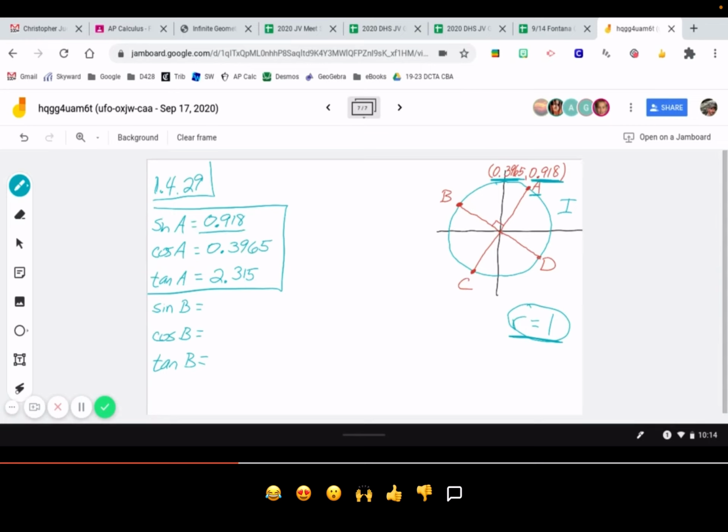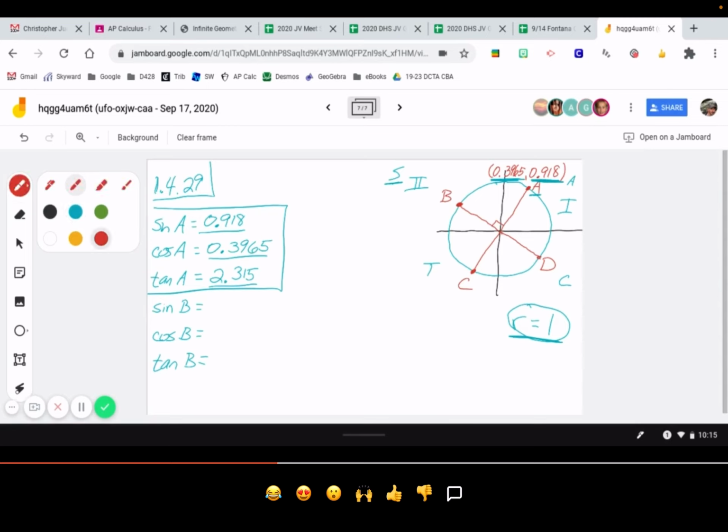So our answers for sine, cosine, and tangent were all positive. But as we move into the second quadrant, remembering the mnemonic device All Students Take Calculus, only sine, your y coordinate, is positive. That means cosine, your x coordinate, and tangent, the quotient of y over x, are both negative.